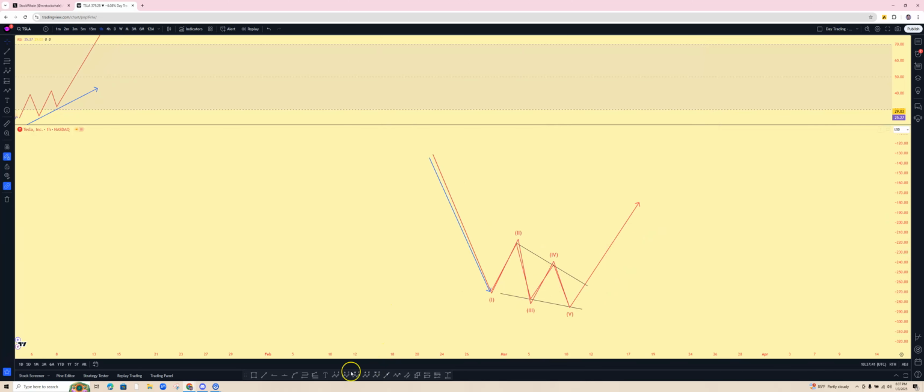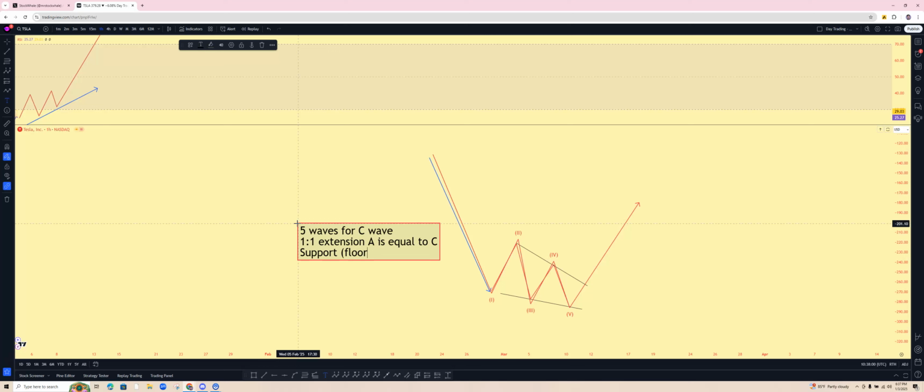Okay, so let's go over it one more time, right? So if you have 5 waves for the C wave, if you have 1-to-1 extension, A is equal height to C. If you have support, the floor, right? Look left.